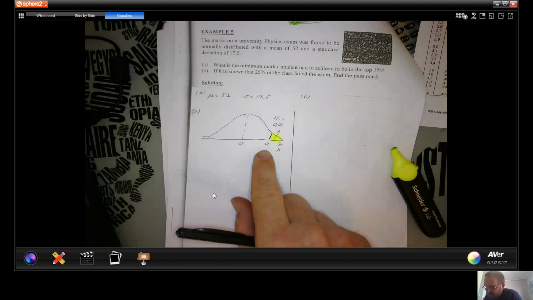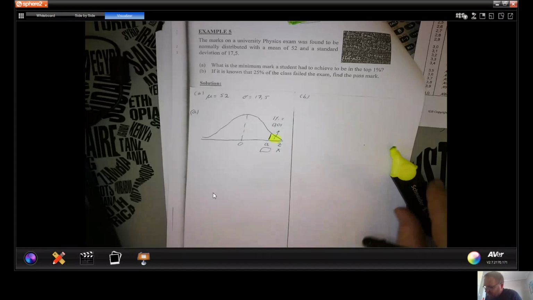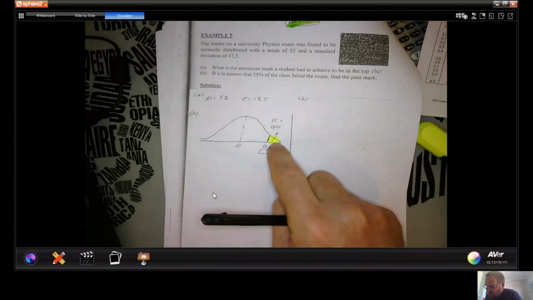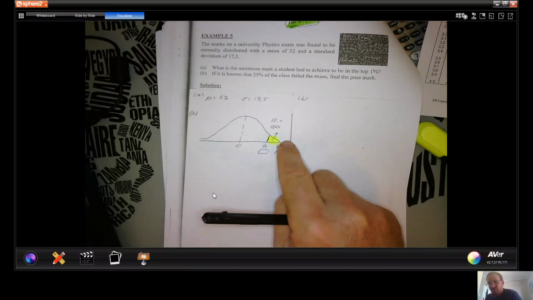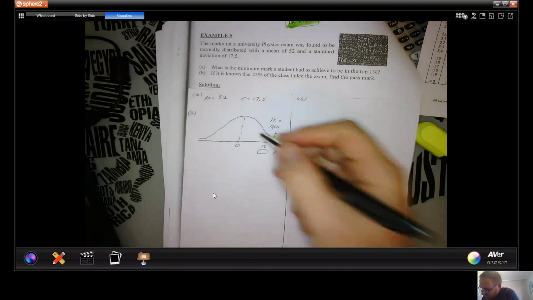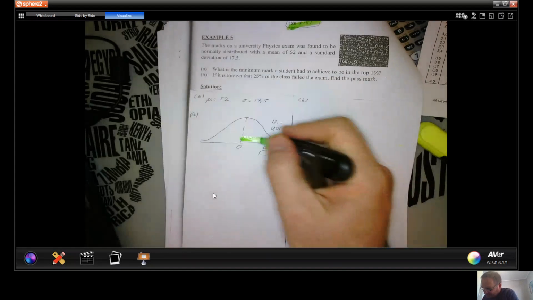So that's our first thing. We're going to find the Z score that creates that, and then we're going to find the specific X score, the actual mark that you need in order to be the bottom score in the top 1%. So what area would we have to work with? The table can't give us this, but it can give us this green bit.